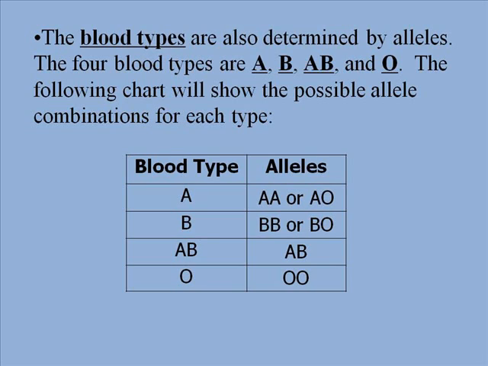So the chart on this slide shows you in the first column it lists the blood types, and the second column shows you what gene pairs you could possibly have that give you that type of blood. Now, with these, you'll notice there are 3 possible letters that we use. We use an A, a B, and an O to represent these.